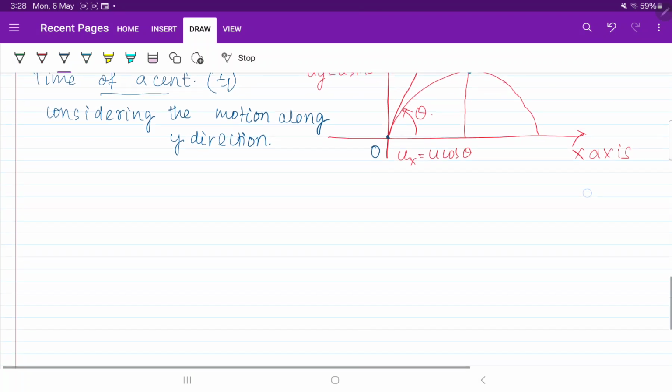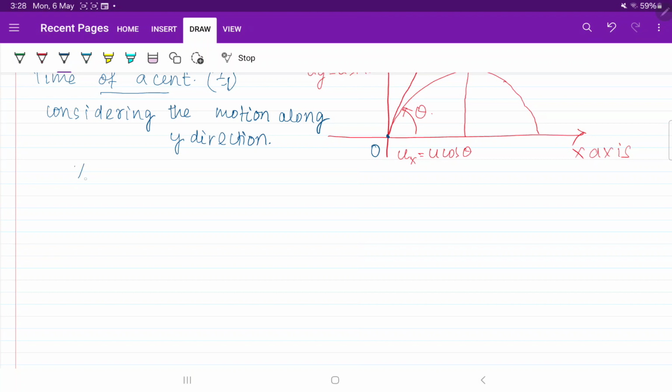So we use the first equation of motion, that is Vy j cap is equal to Uy j cap plus Ay j cap into t. This is V is equal to U plus At. Only y components are there and other components are 0. It is taking place in the y direction.